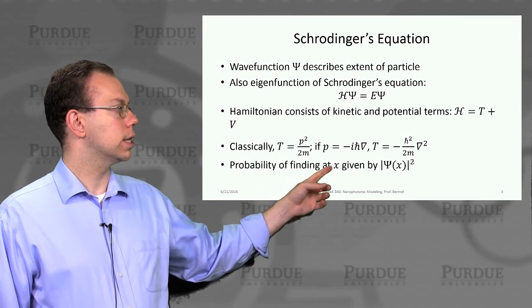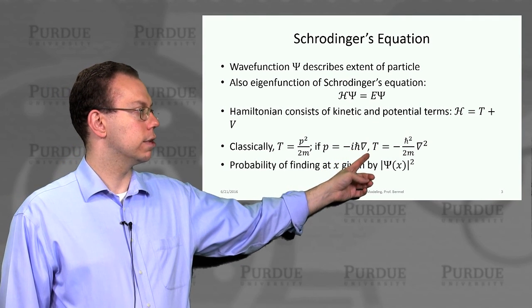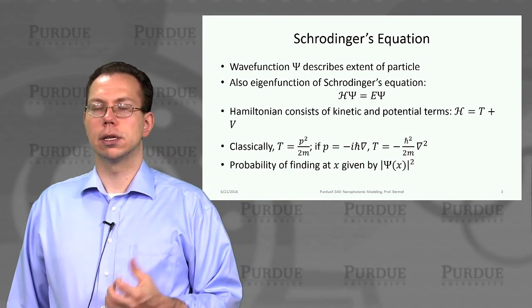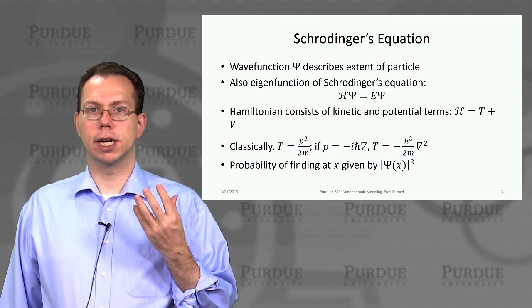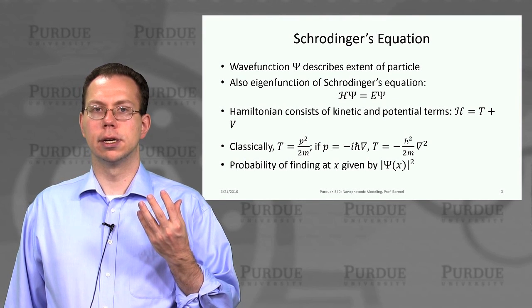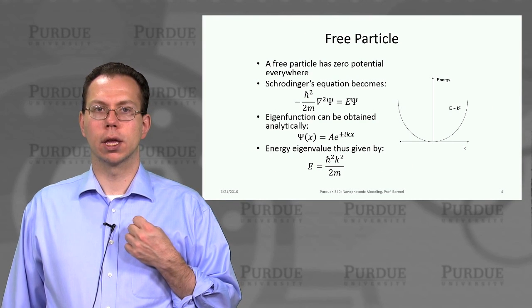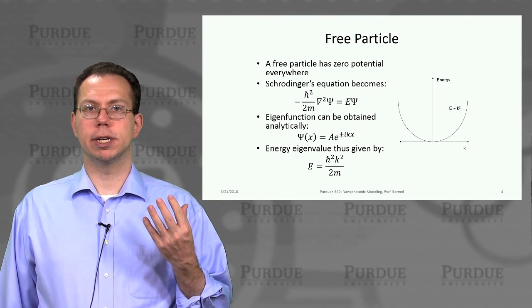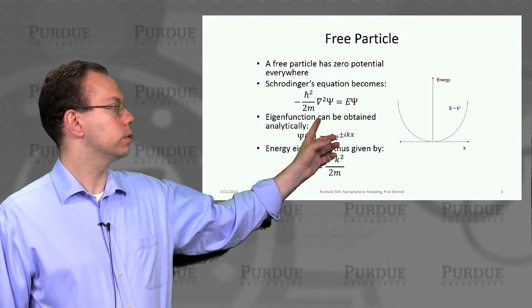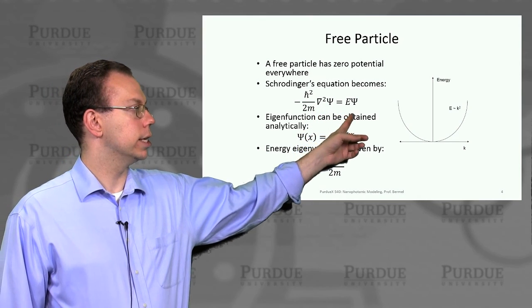When you call that operator minus i h bar times the gradient, or nabla, the p squared becomes minus h bar squared times the Laplacian, and then you divide by 2m to get the kinetic energy. And so if you didn't have any potential, then that would be your full Hamiltonian. The Hamiltonian would look like this kinetic energy operator times psi equals e psi.